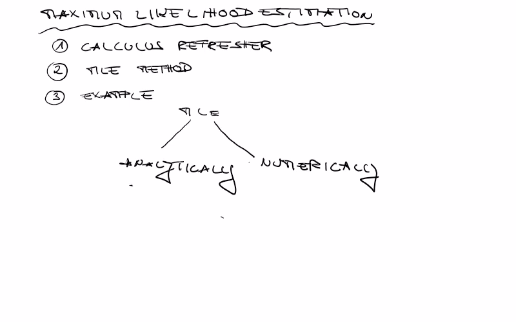And the analytical way is what is important in the context of the GLM, because analytical solutions exist in all kinds of nice, small, mathematically tractable examples.